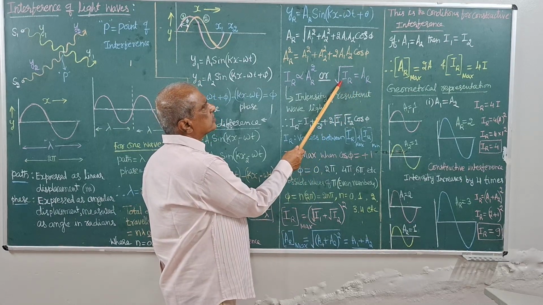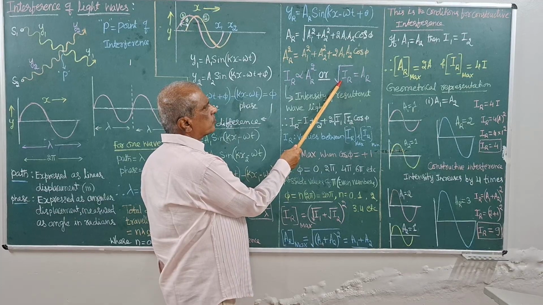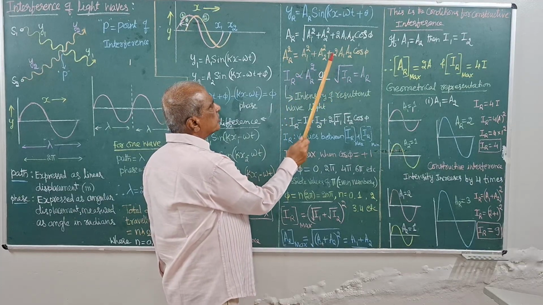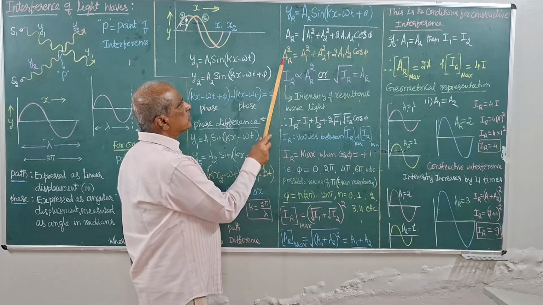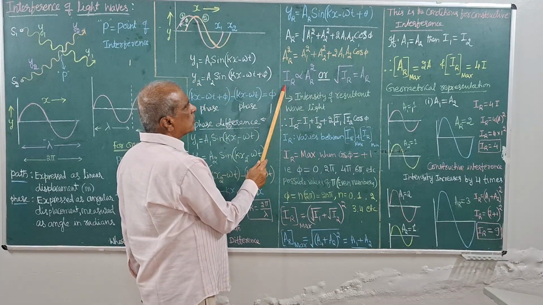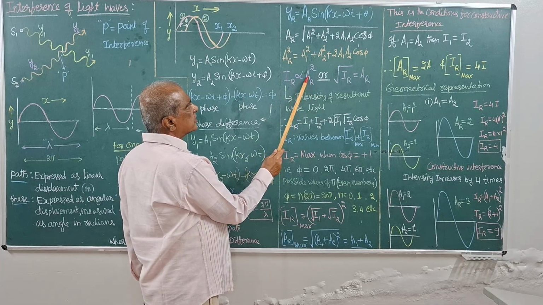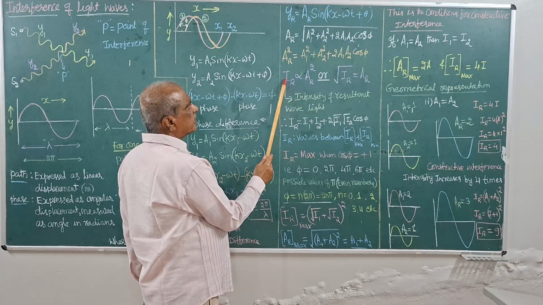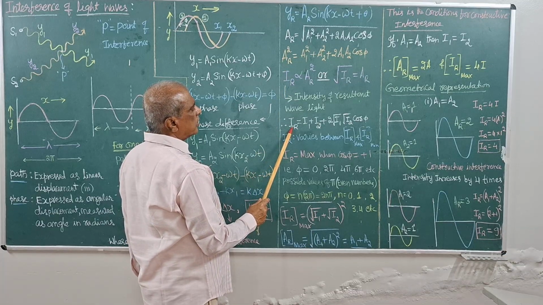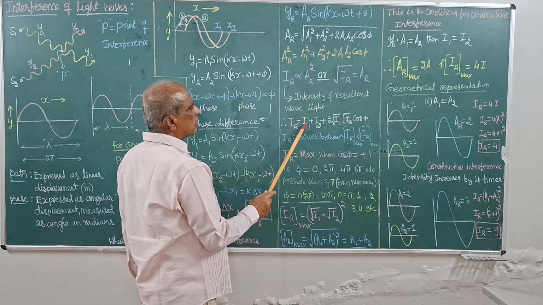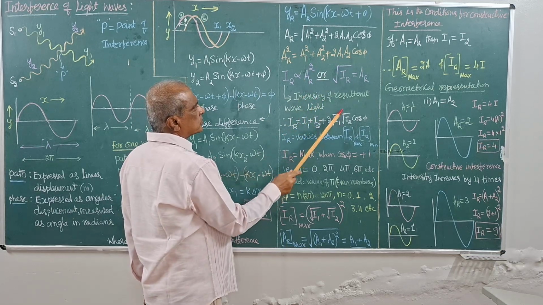Now, if that is the case, let us concentrate on the intensity of the light. So you have to write this equation in terms of intensity. Look at this equation and apply: wherever I is there, write a square; wherever I square is there, write I. So IR; A1 becomes I1, A2 becomes I2.